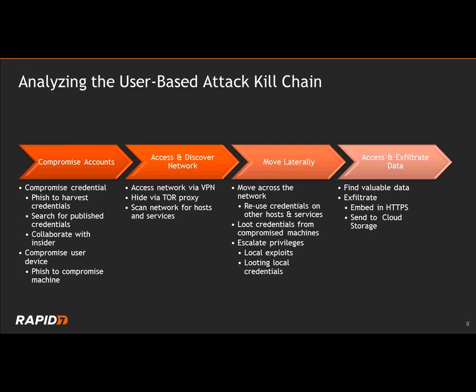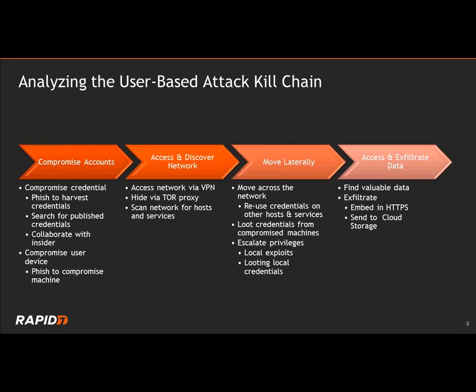Or you can collaborate with an insider, kind of getting their credentials, bribing them, or blackmailing them to get access to credentials. You can also simply compromise a user device. So phishing can also be used to run exploits, either file format exploits or browser exploits, browser plugin exploits on the machines to take over the device and then steal credentials from there or use the device to access the network.